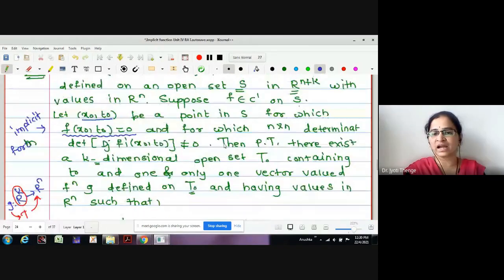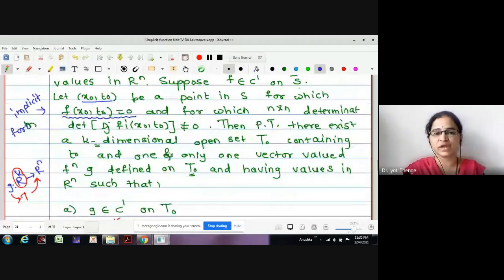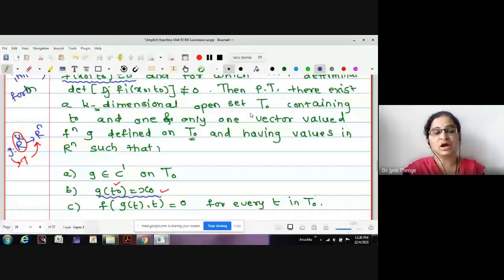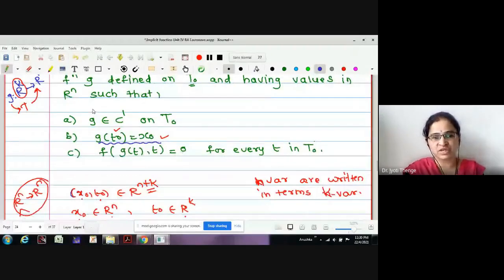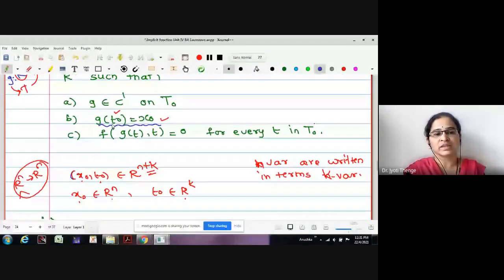Also, it is given that the n cross n Jacobian determinant, D_j f_i, at this point (x0, t0) is non-zero, and our aim is to prove that there exists a k-dimensional open set T0 containing the point t0, and one and only one vector valued function g defined on this T0 having values in R^n, such that g belongs to C1, that is, whatever g we define is also continuously differentiable, and g(t0) = x0. Therefore, some of the variables are expressed in terms of the remaining.